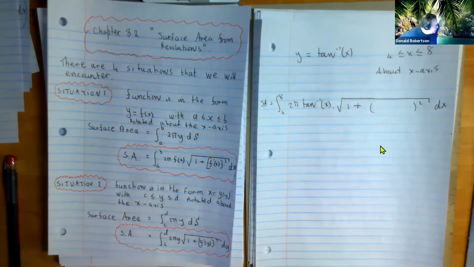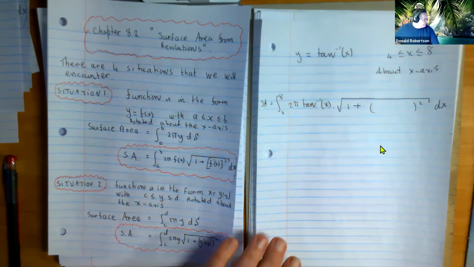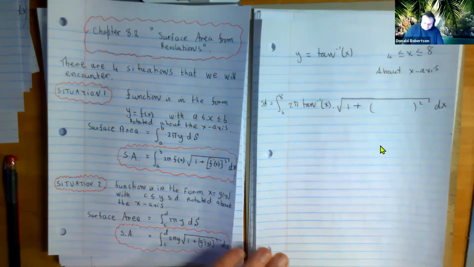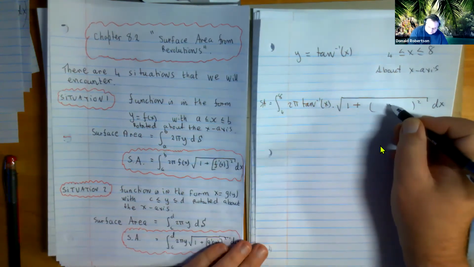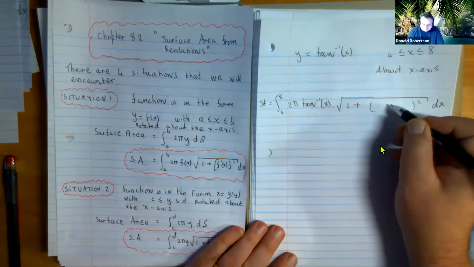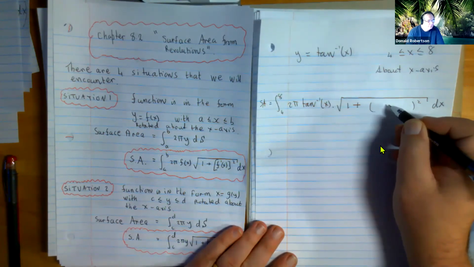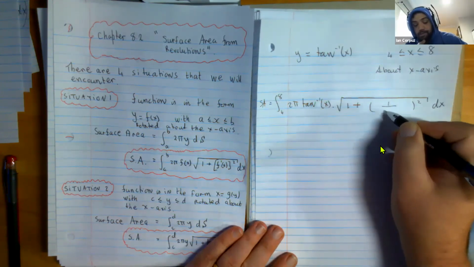What is the derivative of inverse tan? 1 over 1 plus x squared.